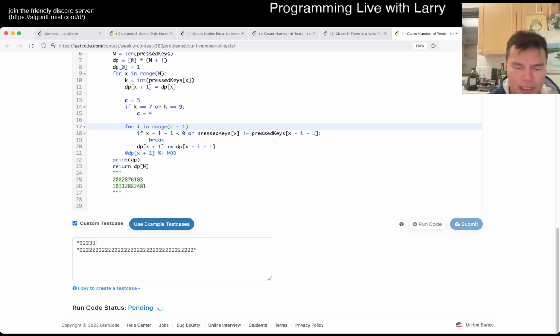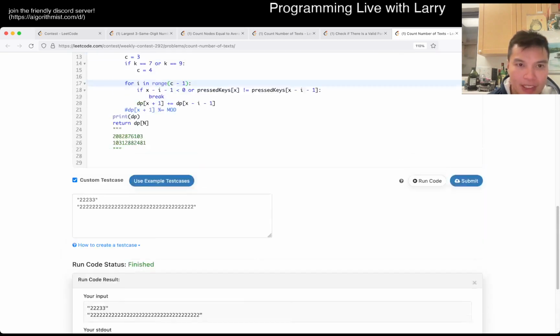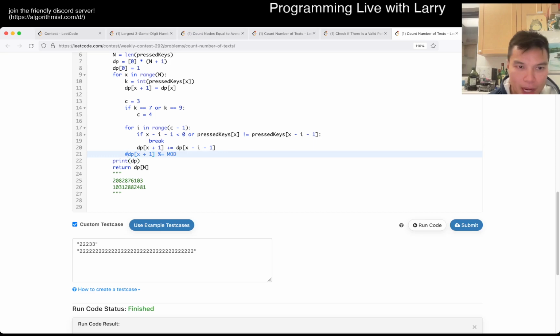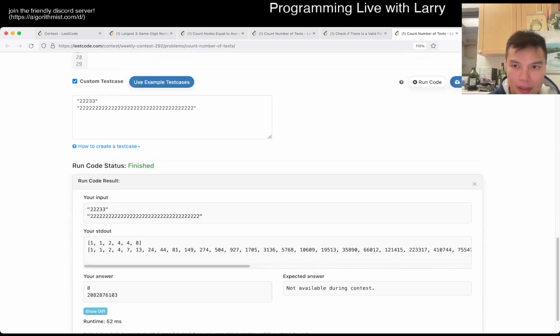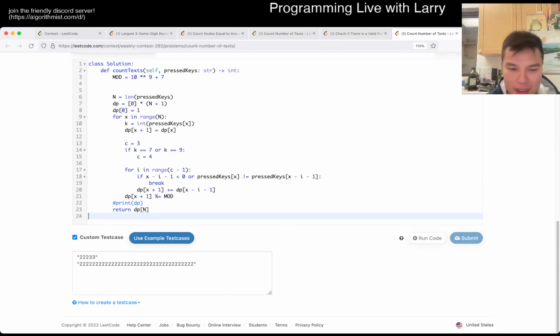Maybe I just miscounted because 3 includes itself. So yeah, now that we look at this, we can bring back the mod, and then if they didn't give me the test case, I probably would have messed up. Or I mean, it just took long because I have no way of knowing what the answer should be.